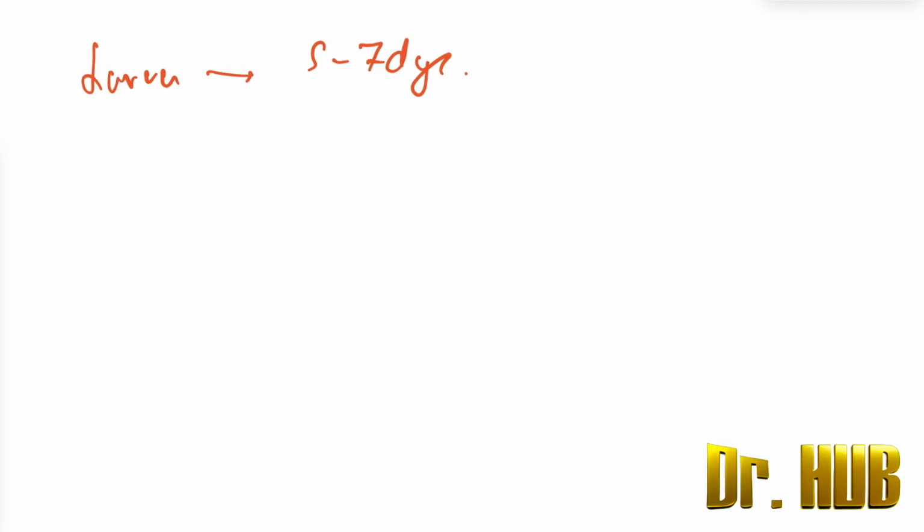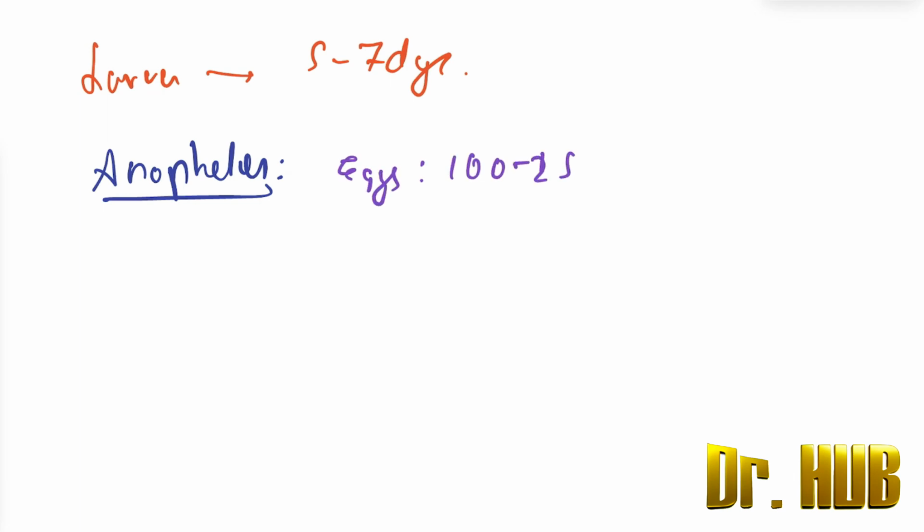Now let's break down the common varieties. First, we will be discussing the Anopheles. The eggs are approximately 100 to 150, up to 250, present in most of them.